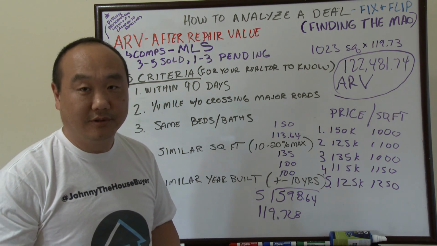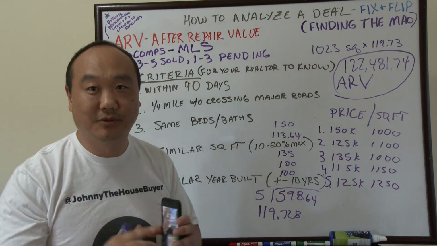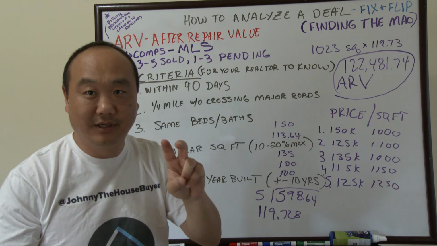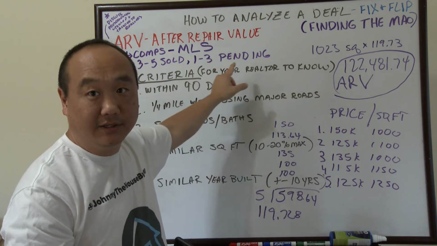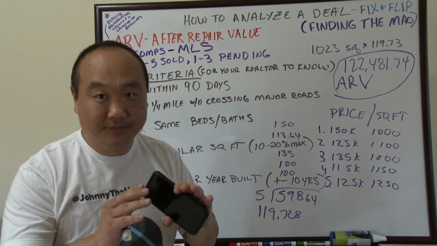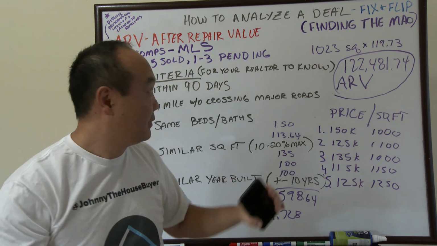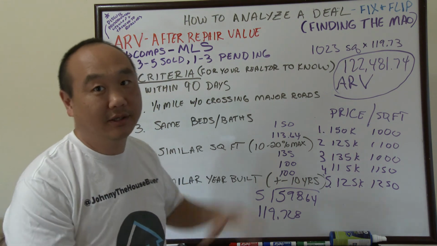I keep saying this in most of my videos, but this is the most important thing. The two major things that go wrong in flipping a house: the first is getting the ARV wrong. It's paramount. It's the most important thing, and how you do that is by comps.